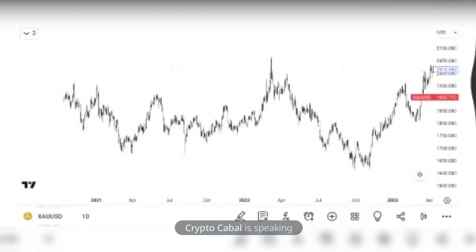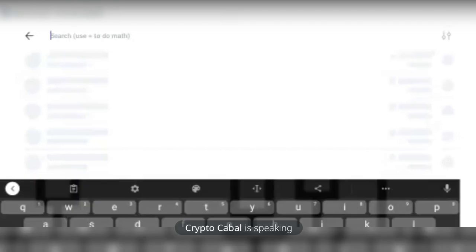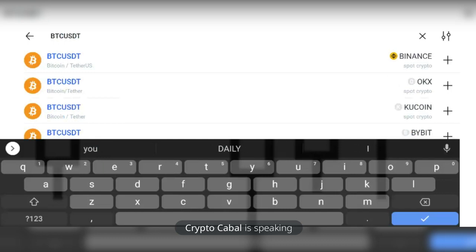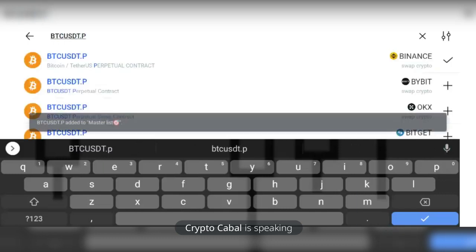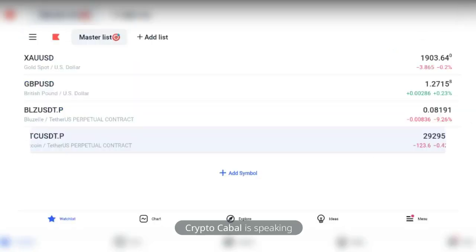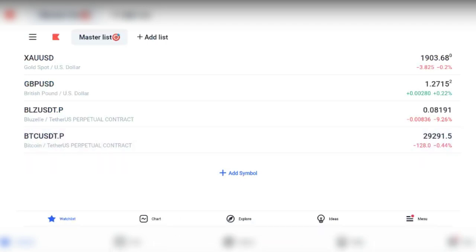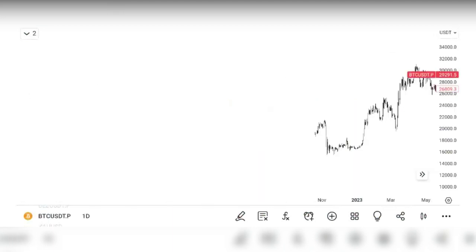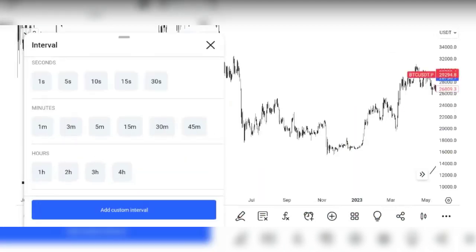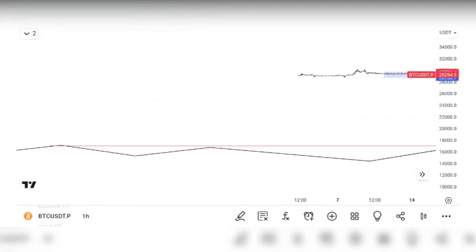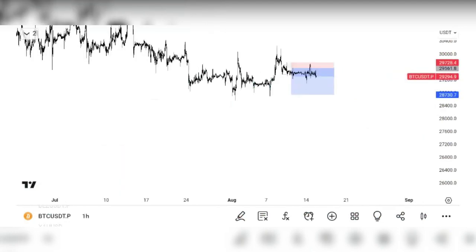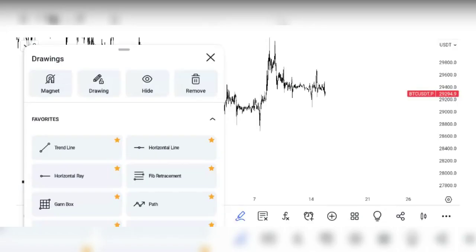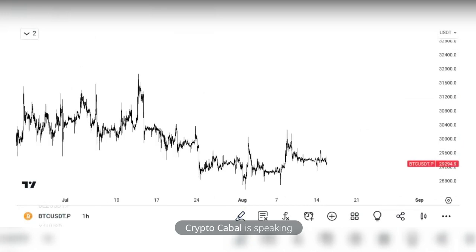But tonight, let me pick a particular pair where we can actually see this head and shoulder pattern.